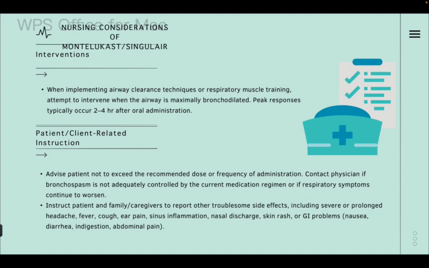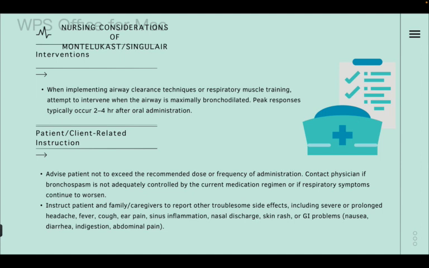For the intervention, when implementing airway clearance techniques or respiratory muscle training, attempt to intervene when the airway is maximally bronchodilated. Peak responses typically occur 2 to 4 hours after oral administration.